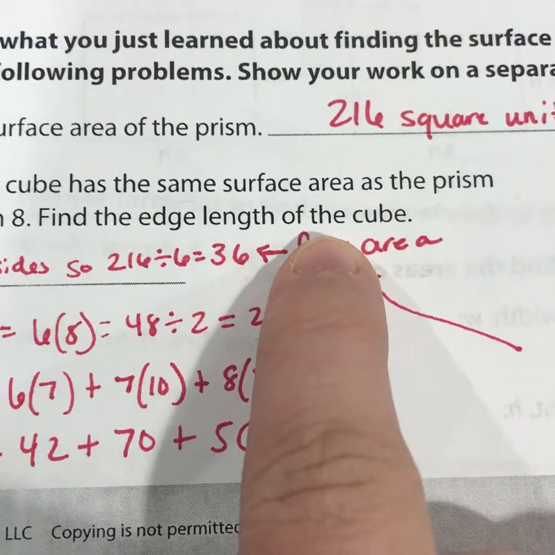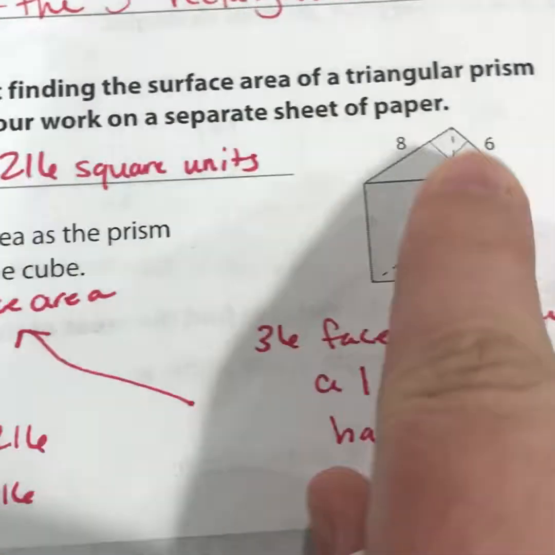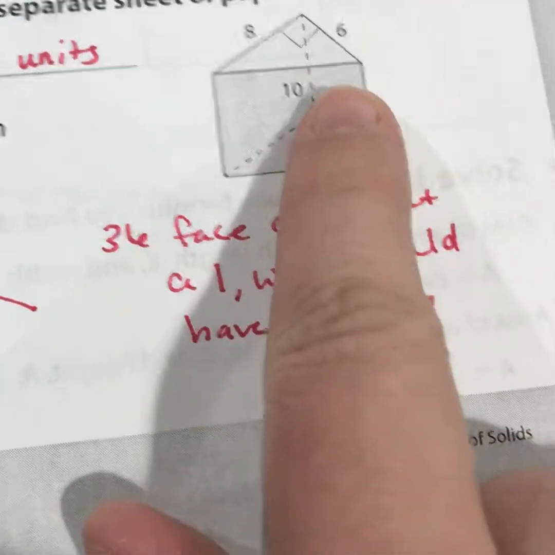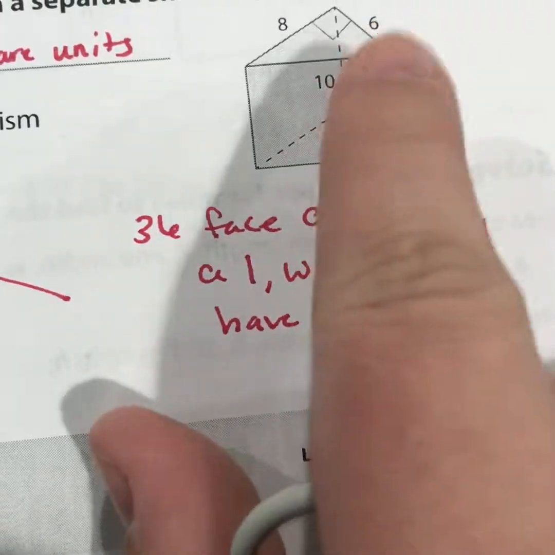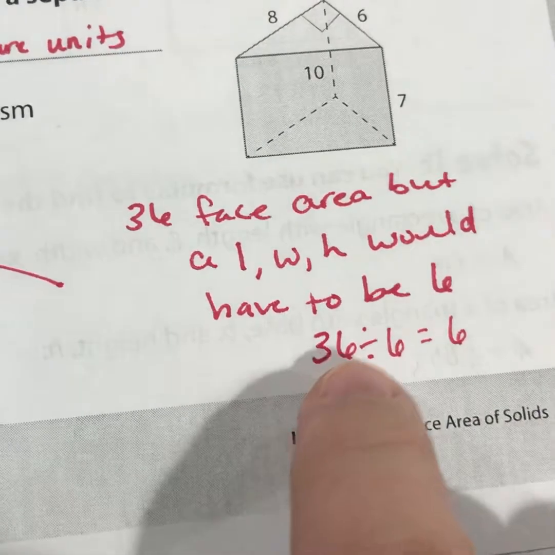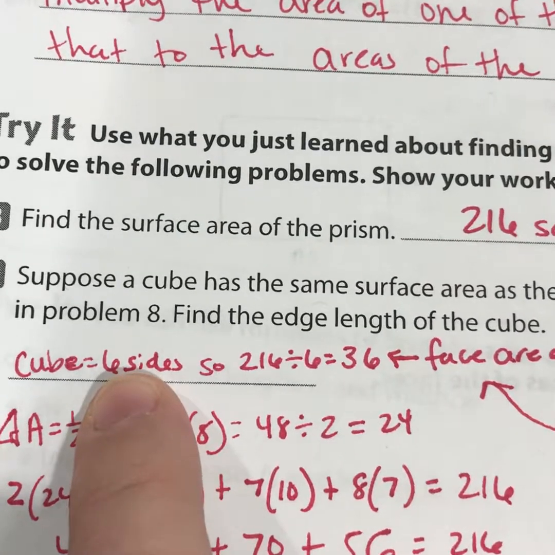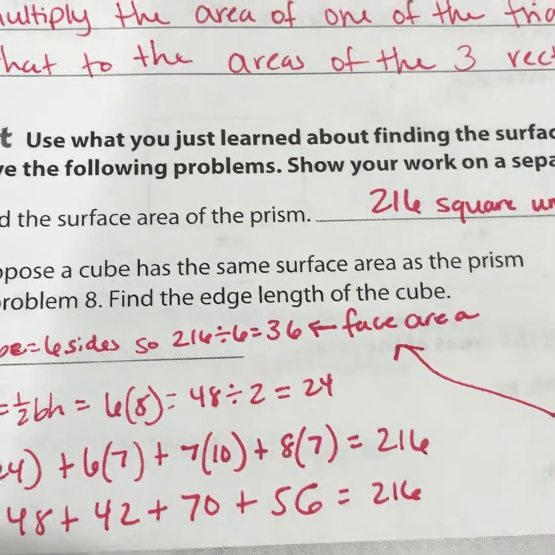But it's asking me what is the edge length of the cube. So when it's asking me the edge length, remember we said it was one of the sides. So I know the face of a cube would be 36, but in order to get that 36, I would have to also divide that again by 6. So 6 would be your answer for that one.